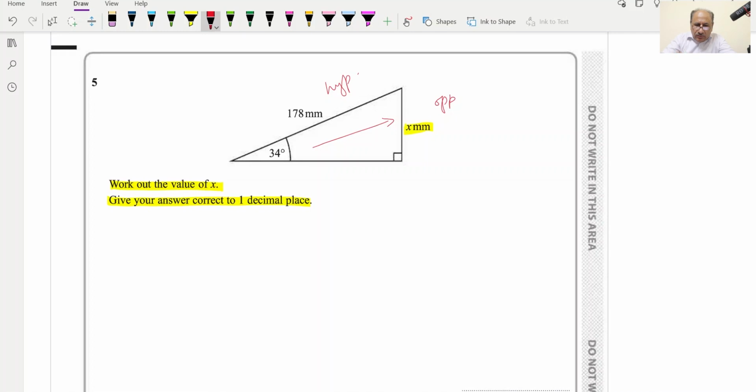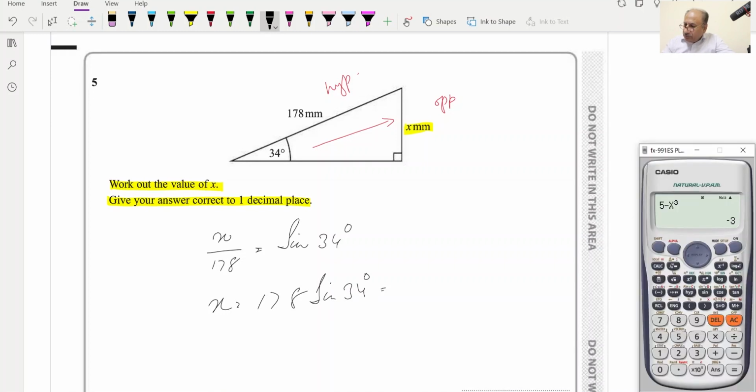So we can write x over 178 is equal to sine of 34 degrees, and x will be equal to 178 sine of 34 degrees, which is equal to 99.54.